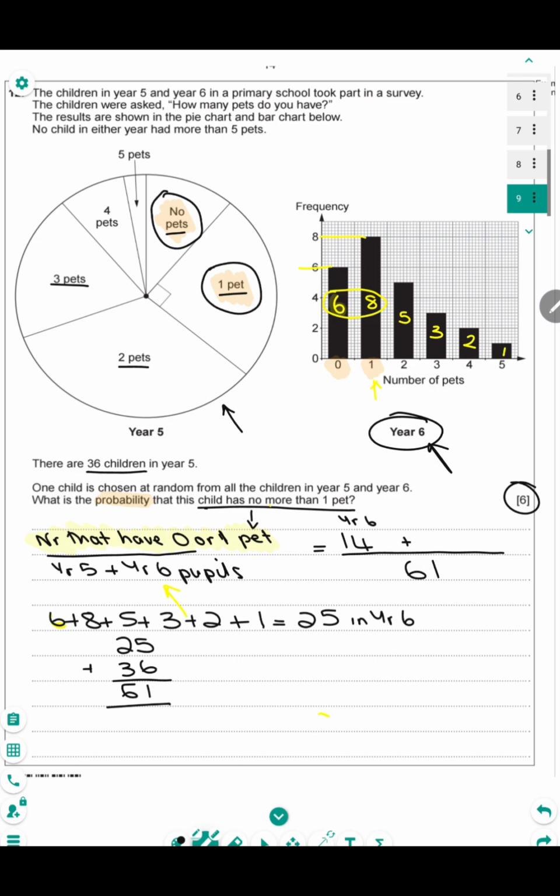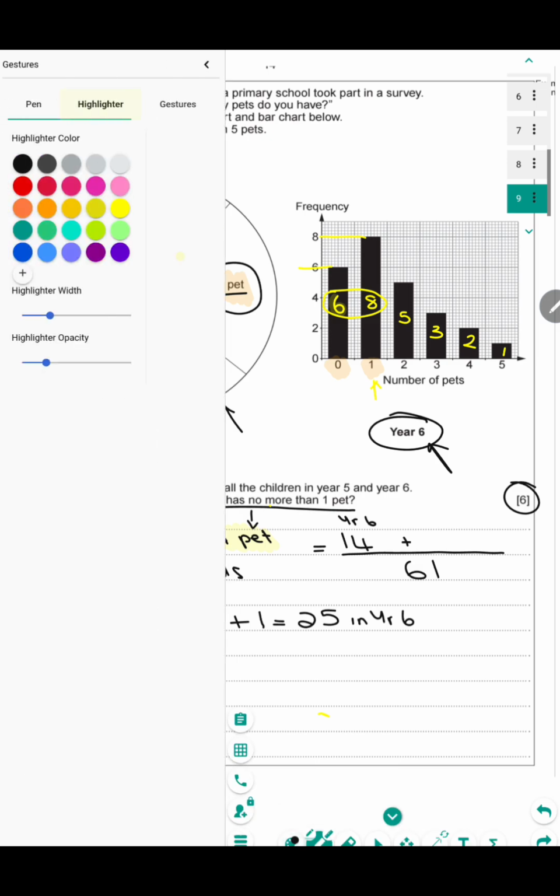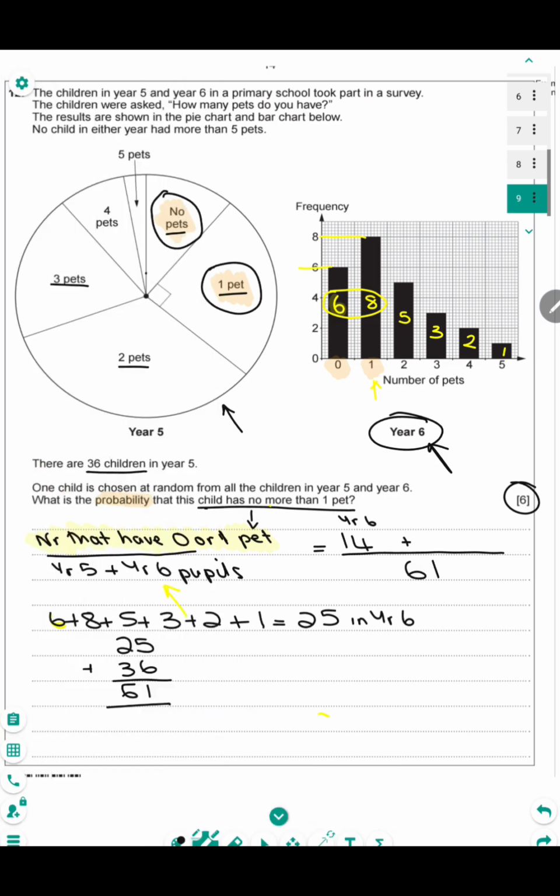With a pie chart, you've got a circle, and the total number of degrees in a circle, going all the way around, is what? 360. So we know that 360 degrees is represented by how many children on this graph? 36 children, okay?